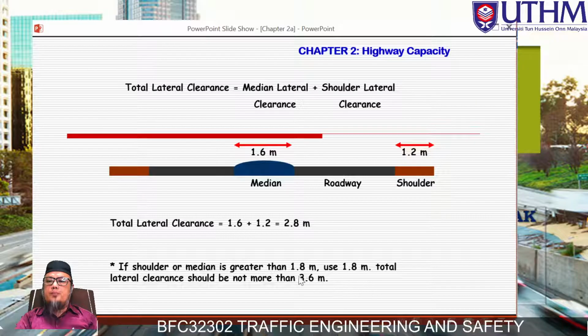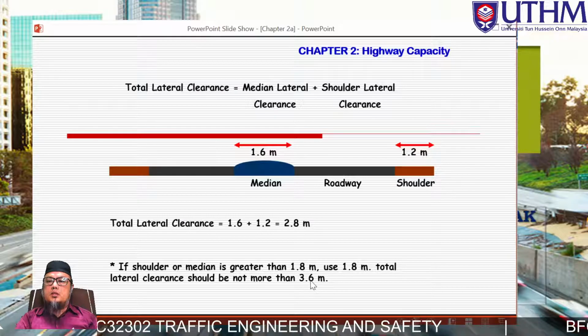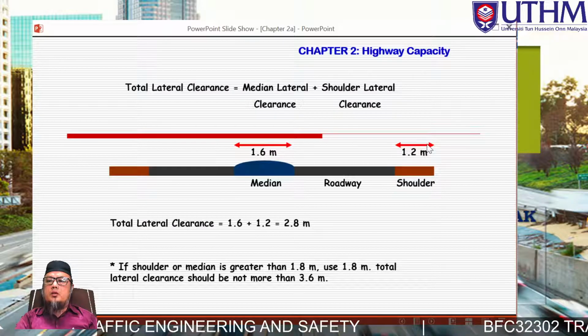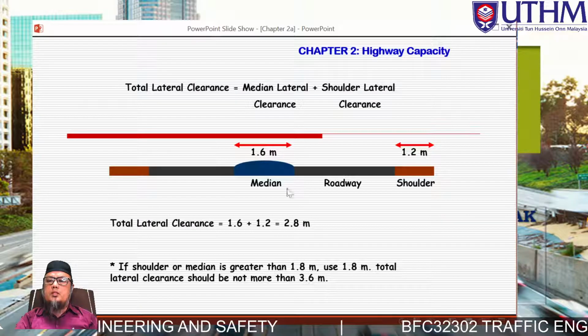So together, they should be maximum 3.6. That means if you have 3 meters here and 2 meters here, we still add together at 3.6 meters to be referred.